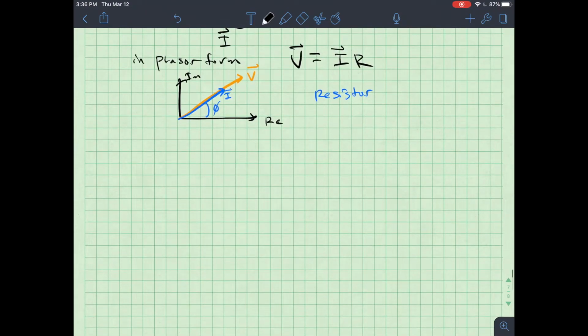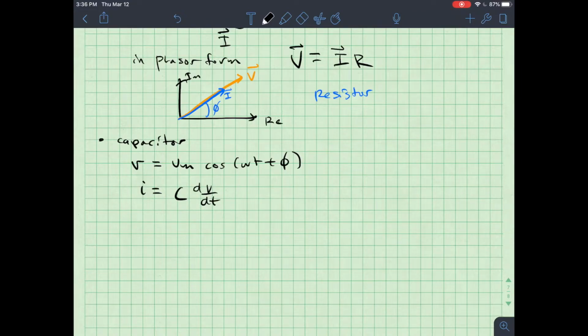let's talk about capacitors. In a capacitor, let's assume the following. Let's say I have a voltage equal to Vm cosine of omega t plus phi. I know that the current in a capacitor is the capacitance C times dV dt.